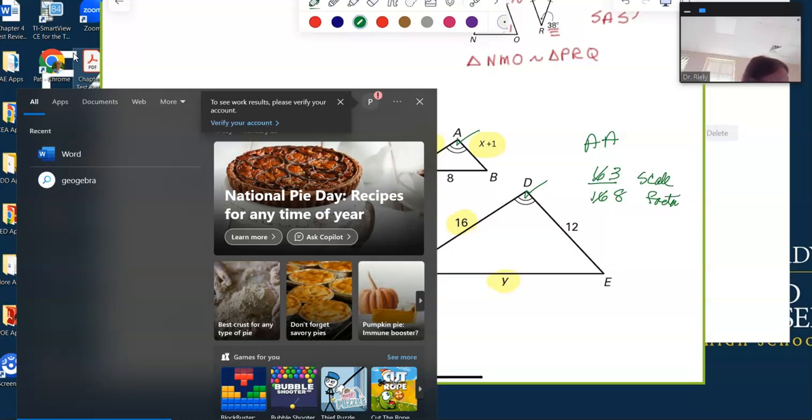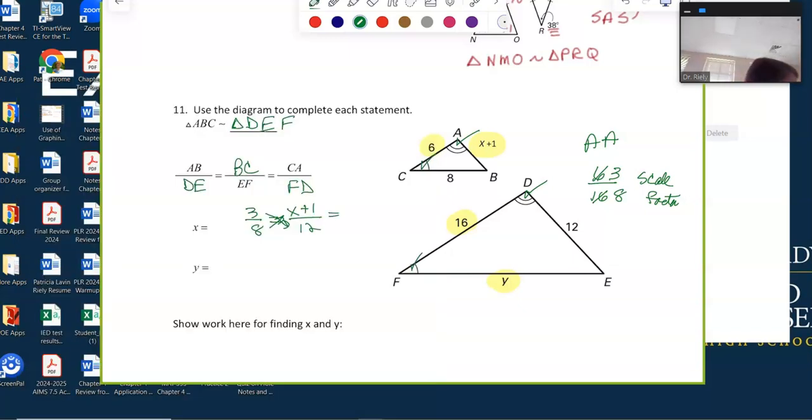Okay, to get x, I'm going to use my scale factor of 3/8, and I'm going to use the proportionality of x plus 1 over 12. Cross products. That gets me 3 times 12 is 36 equals, very carefully, 8 times (x plus 1), not 8x plus 1, because that 8 goes to both the x and the 1.